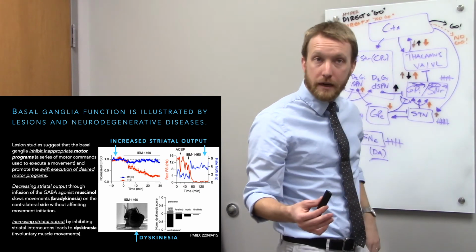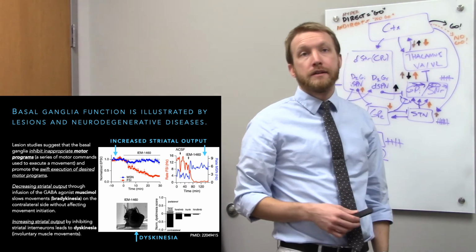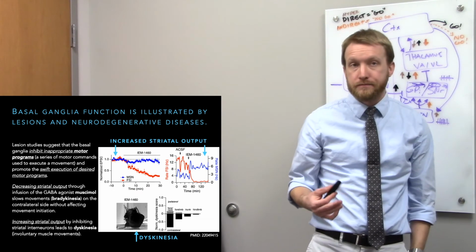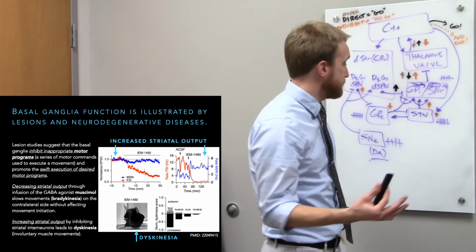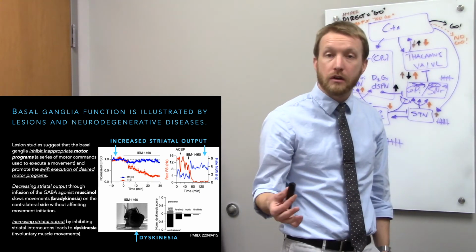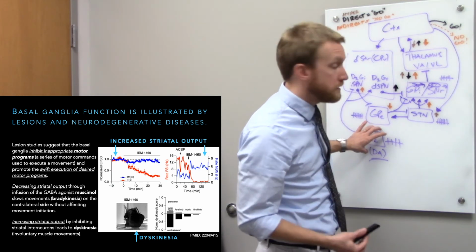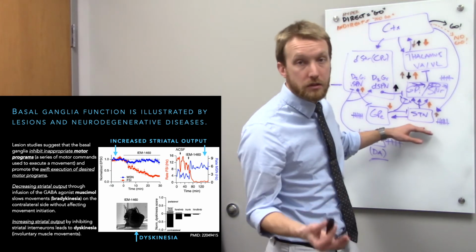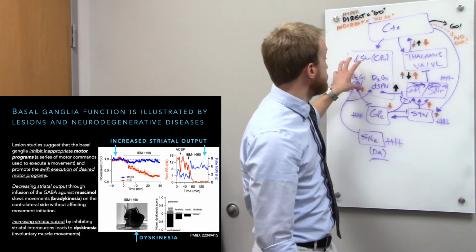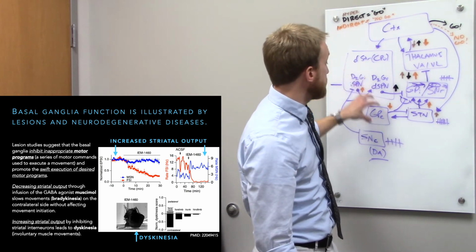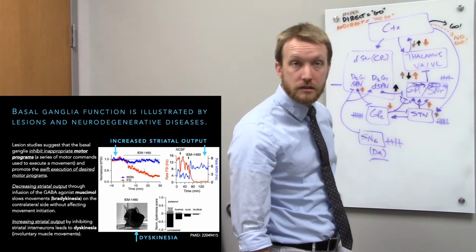This also works in mice as well. So when you lesion the basal ganglia, depending on where the lesion is, you'll see different types of changes. So a lesion in the SNc creates Parkinson's, a lesion in the STN creates hemiballismus, a lesion in the striatum, if it's specific to the indirect pathway, can create Huntington's disease.